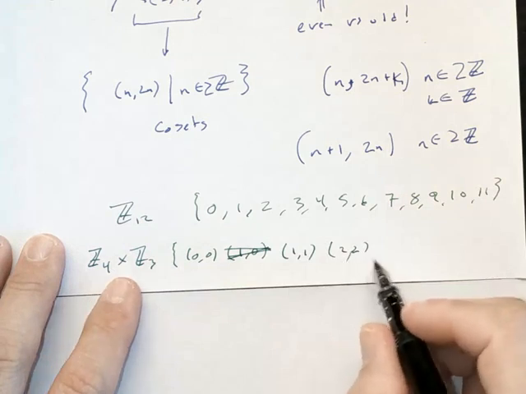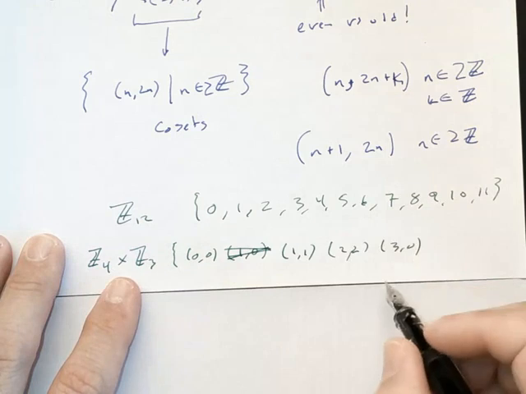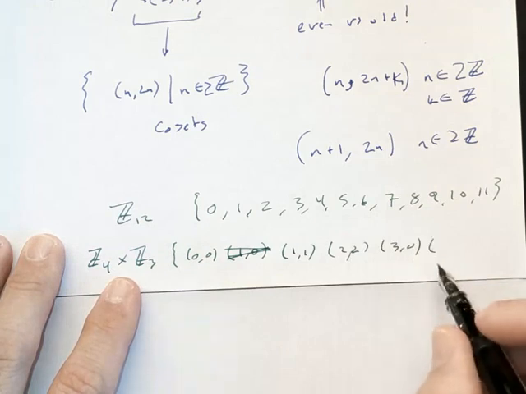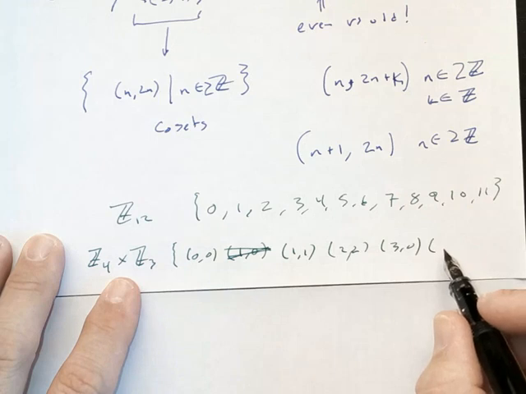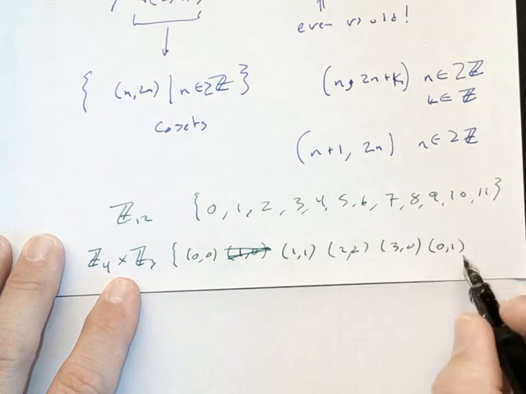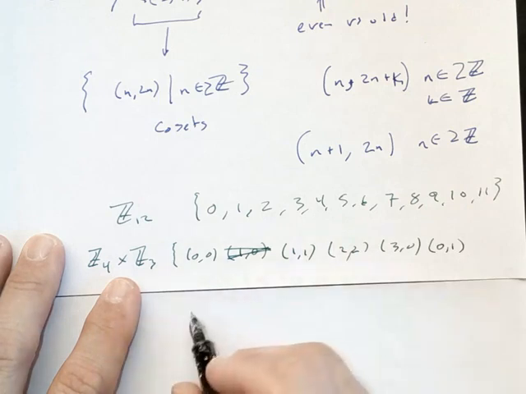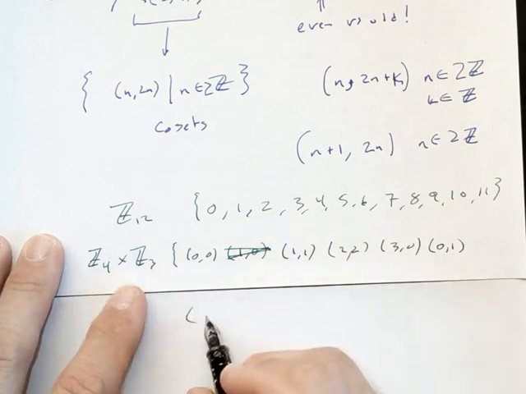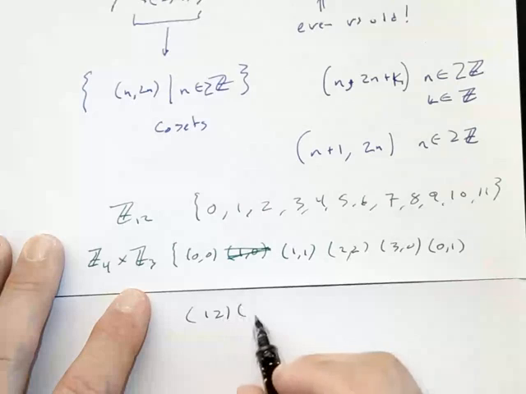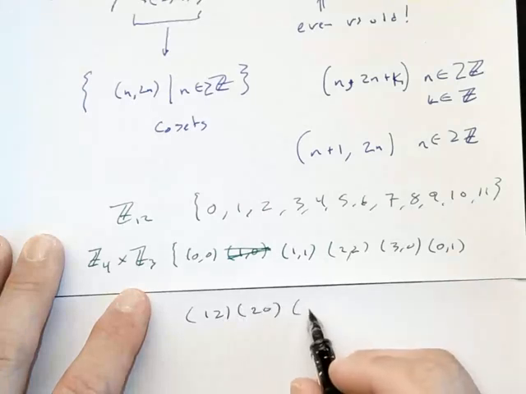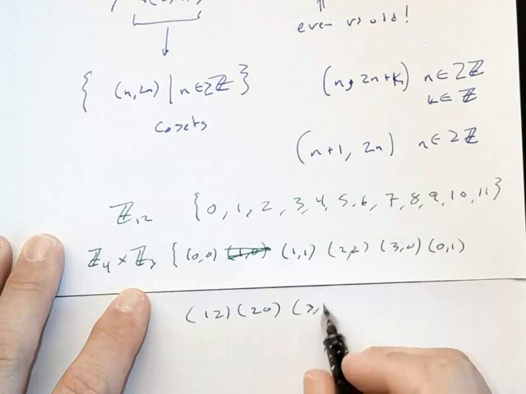It's 3, 0. Add 1, 1 again, what do you get? 0, 1. And again, 1, 2. And again, 0, 0, 2.